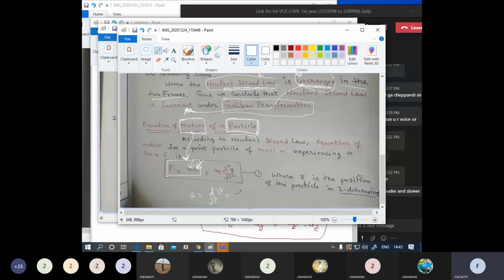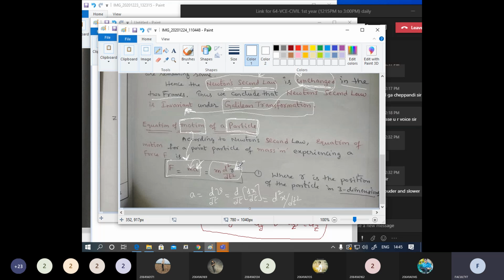Next, how can you give the velocity? You can give the velocity as dx by dt. Now you can write this as d square x by dt square. The same thing we wrote here, but it is represented as r, the position in 3 dimensions.